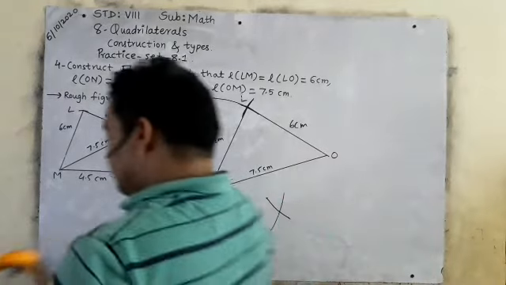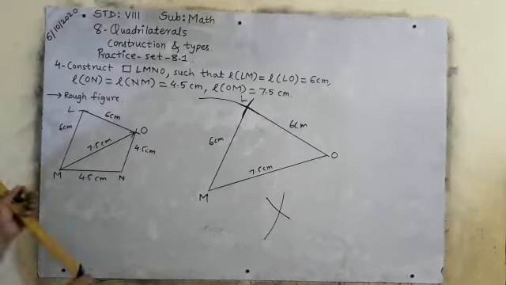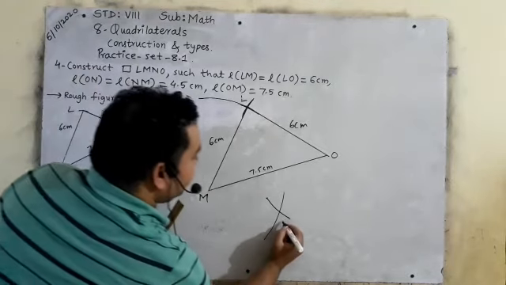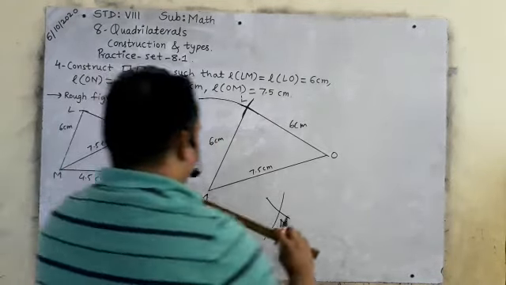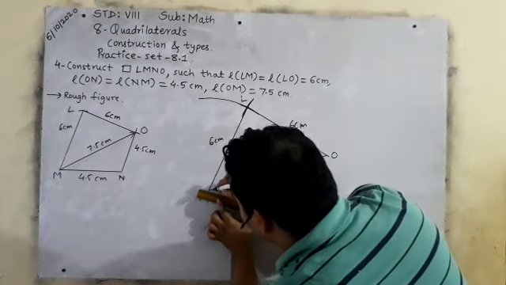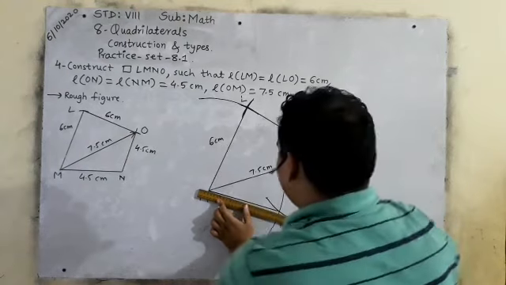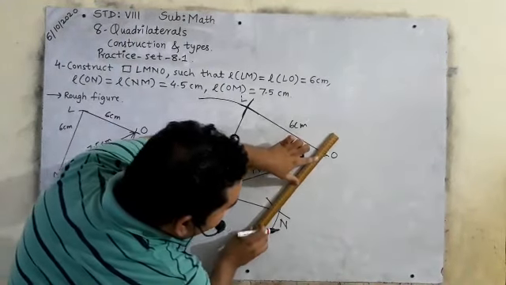So this is how I will construct a quadrilateral when one diagonal is given. Now I will join it. See, this is the point N. So I will join M to N, and then I will join O to N.